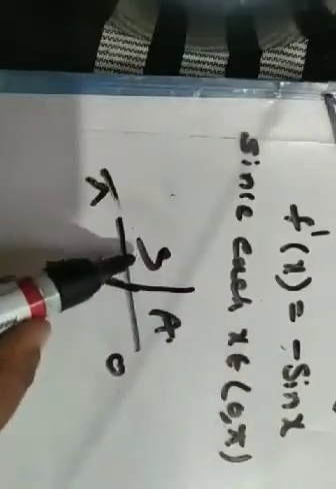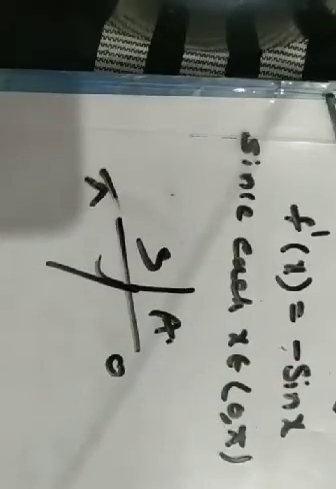ASTC rule. All the trigonometric ratios are positive. Sin is positive. But here minus is there. Therefore the value becomes negative, isn't it?